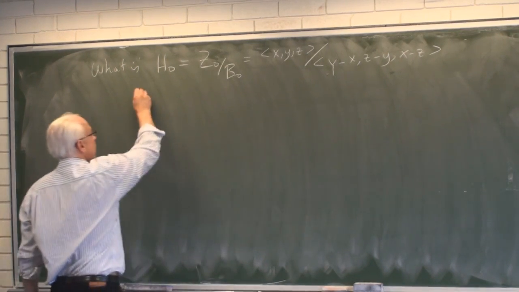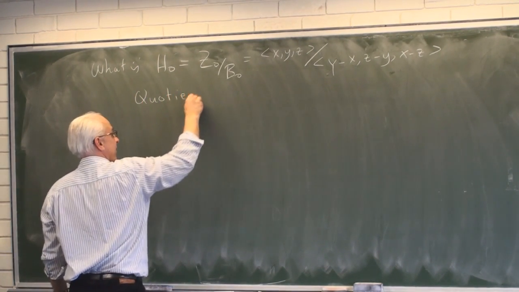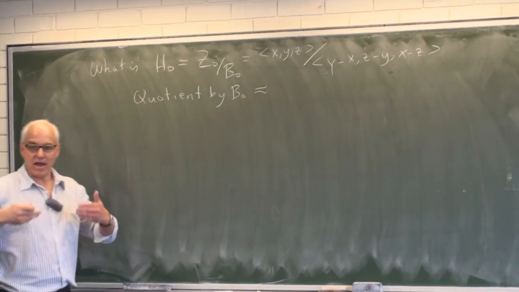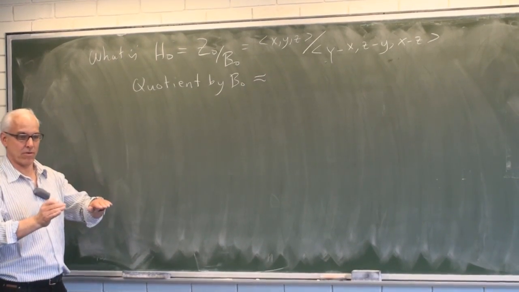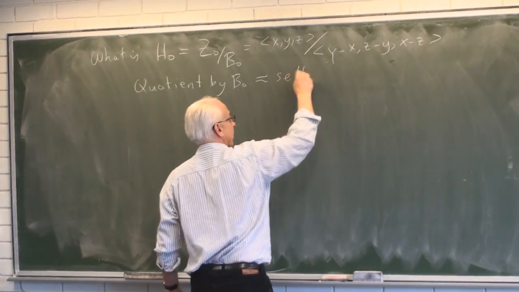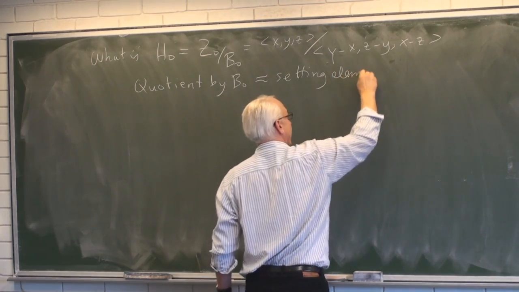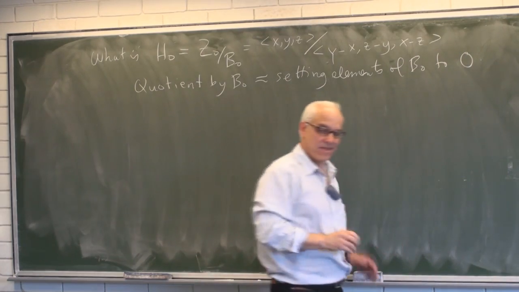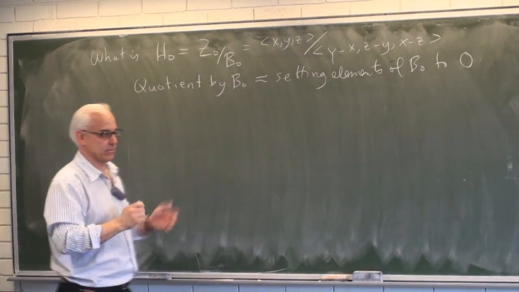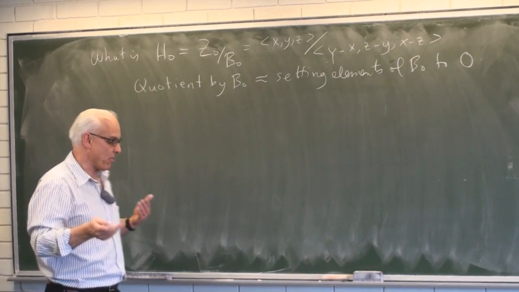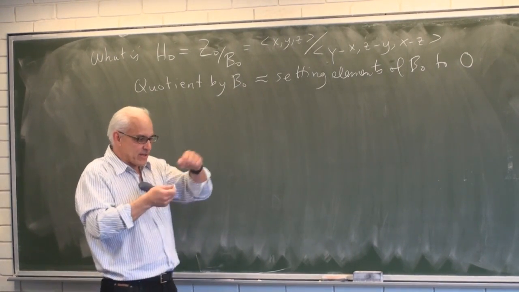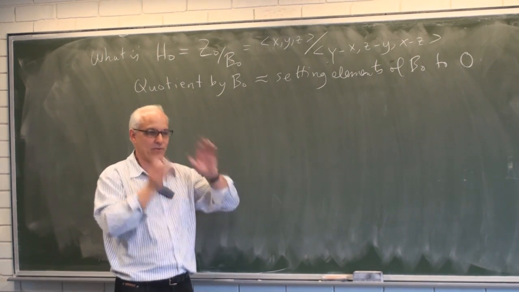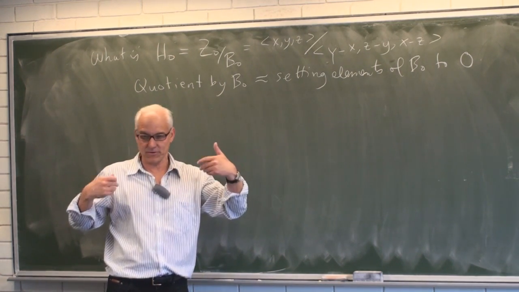So taking a quotient by B0 is a lot like setting the elements of B0 to 0, thinking of them as effectively 0. It's like what we do when we work mod 3. What we're really doing is setting all the multiples of 3 to 0. We're saying that 3 is 0, 6 is 0, 9 is 0. All the multiples of 3 are effectively 0.